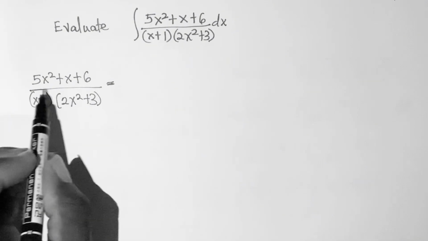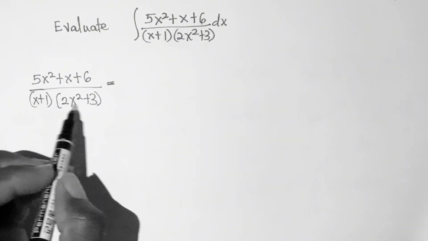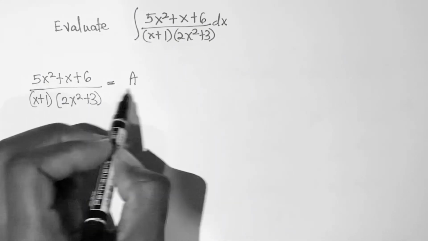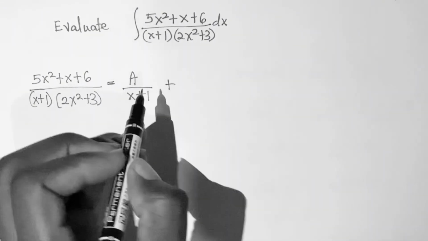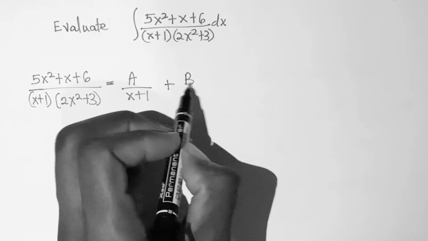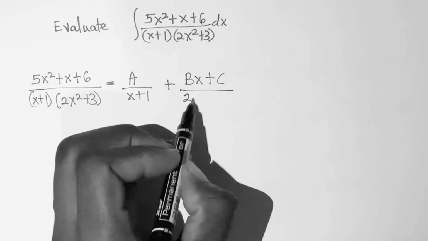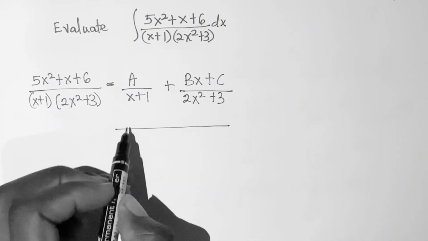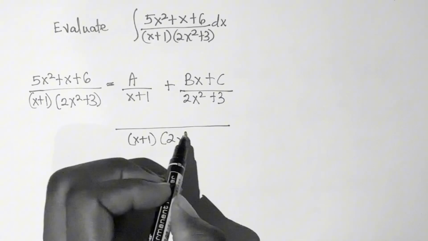now you can see that this is the form of a quadratic. The denominator has a quadratic term in it, which is the 2x squared plus 3. So this is equal to a divided by x plus 1 and plus this side, which is bx plus c, divided by 2x squared plus 3. So let's find the LCM, which is (x plus 1) times (2x squared plus 3).